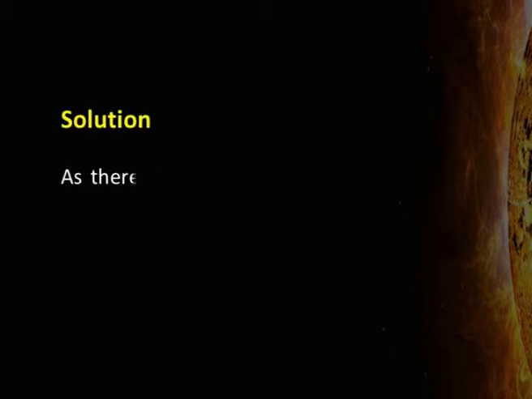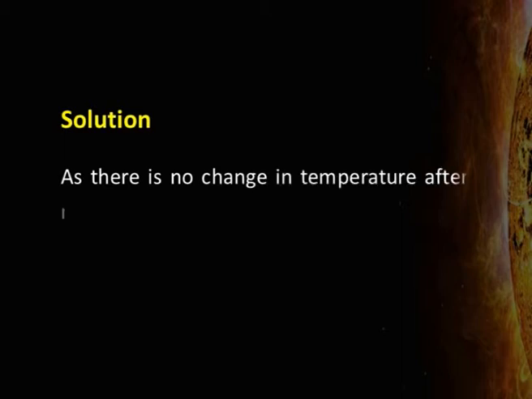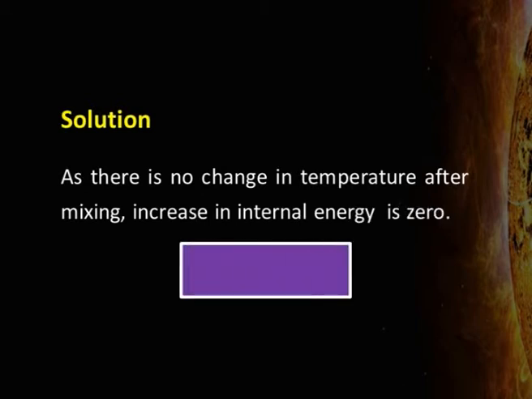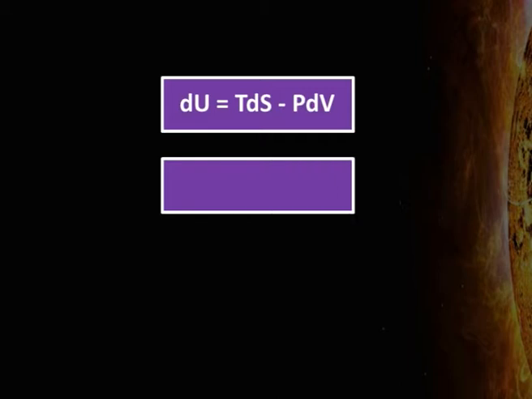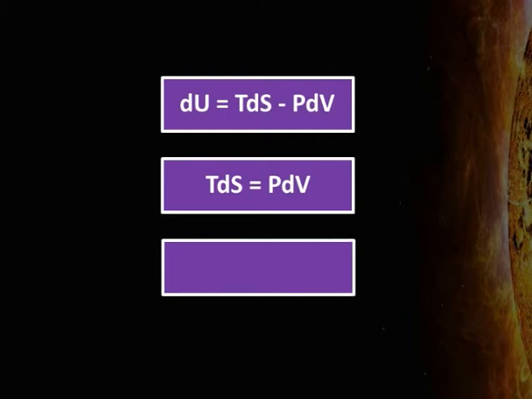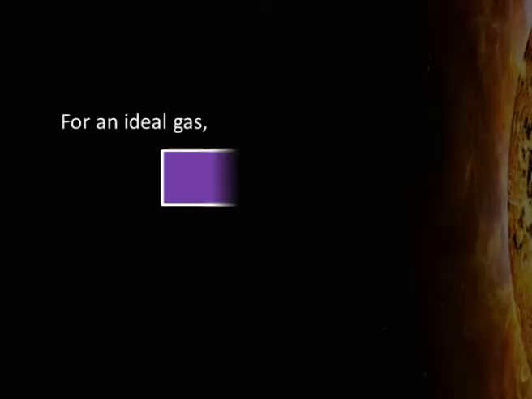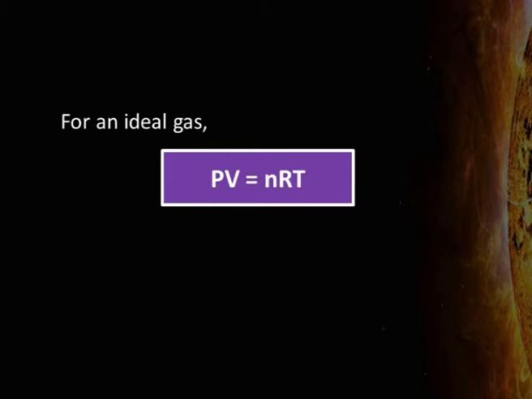As there is no change in temperature after mixing, the increase in internal energy will be equal to 0, or we can say that dU will be equal to 0. And you know that dU is equal to TdS minus PdV, and as dU is equal to 0, we will get TdS is equal to PdV, or we can say that dS is equal to PdV divided by T. You also know that for an ideal gas, PV is equal to nRT.